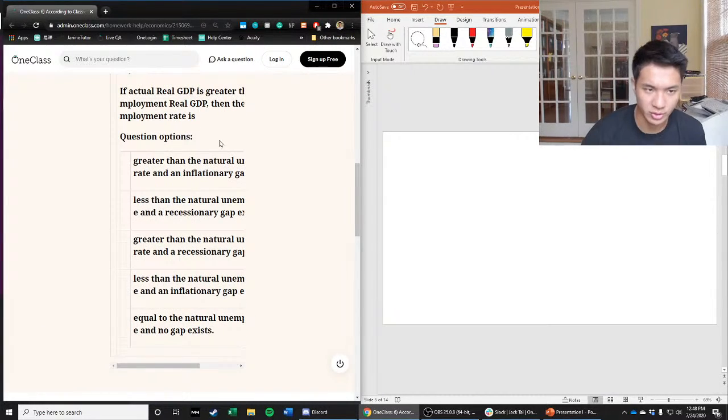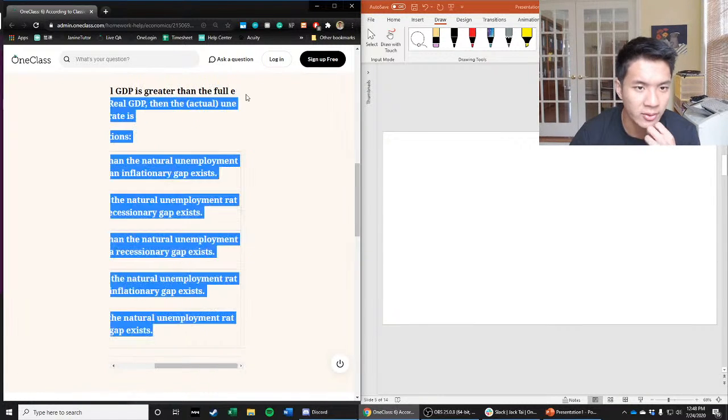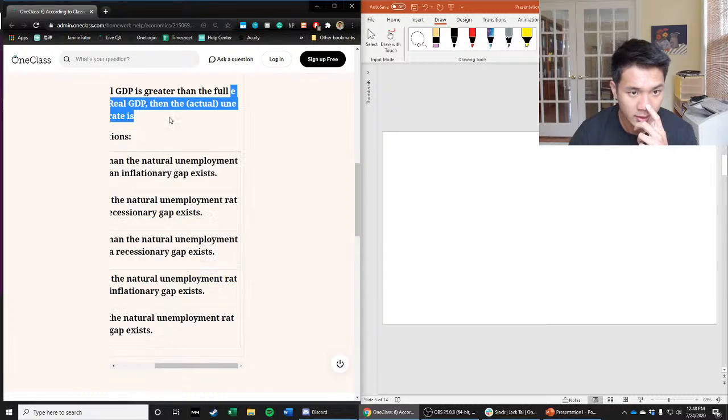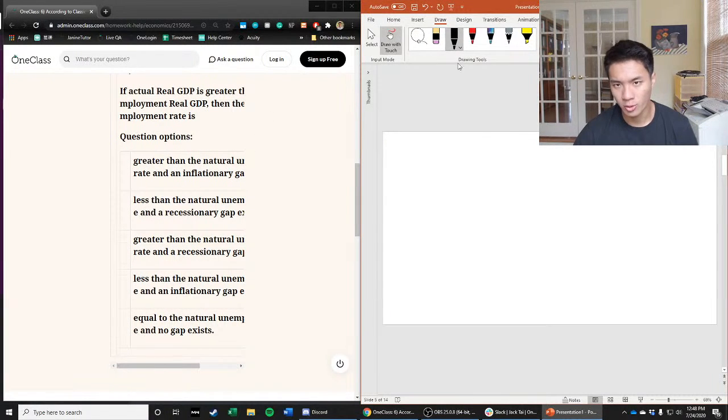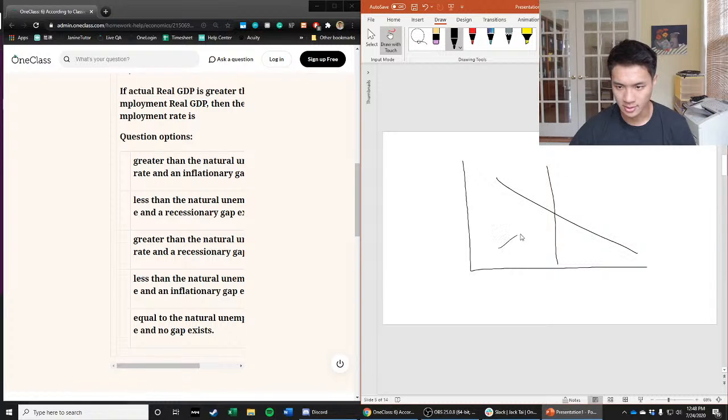If actual real GDP is greater than the full employment real GDP, then the actual unemployment rate is which of the following? So what we're looking at is an inflationary gap, right? In a situation where actual GDP is greater than full employment real GDP, we'll draw our dynamic aggregate demand, aggregate supply model again.